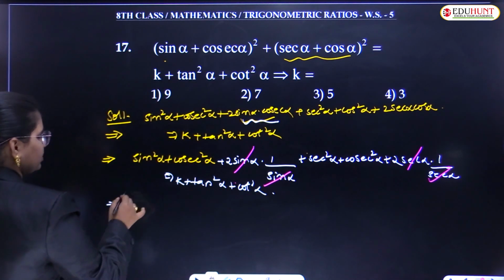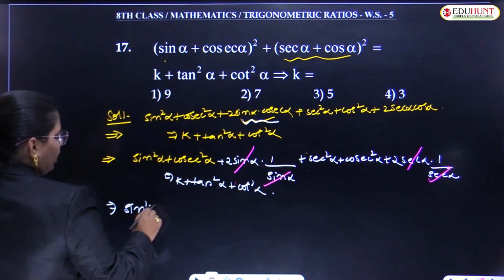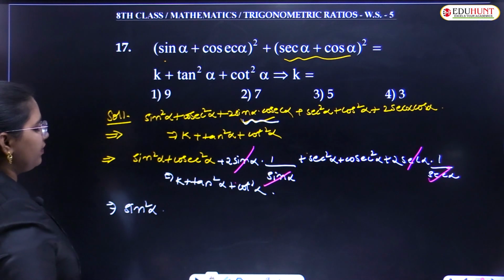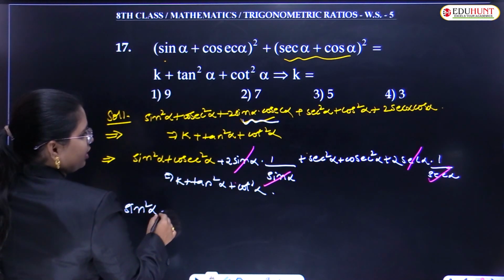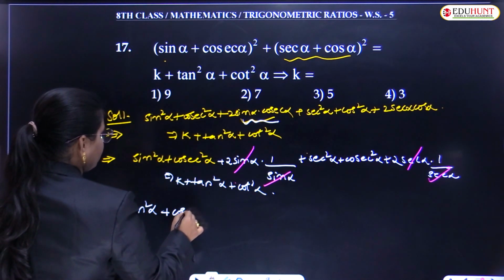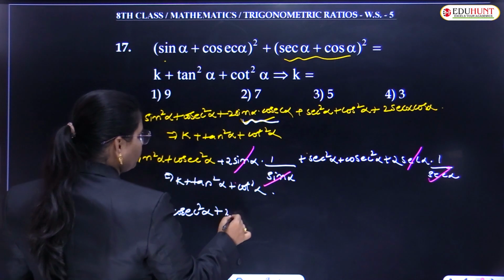So what is the next step? Tell me. Sin square alpha I will write as it is. Plus cosecant square alpha I will keep as it is, plus 2.